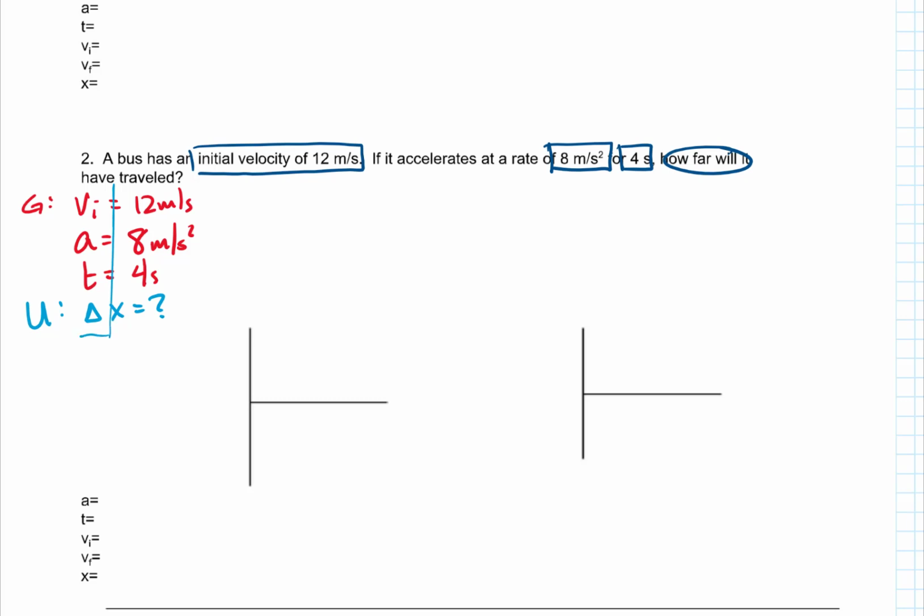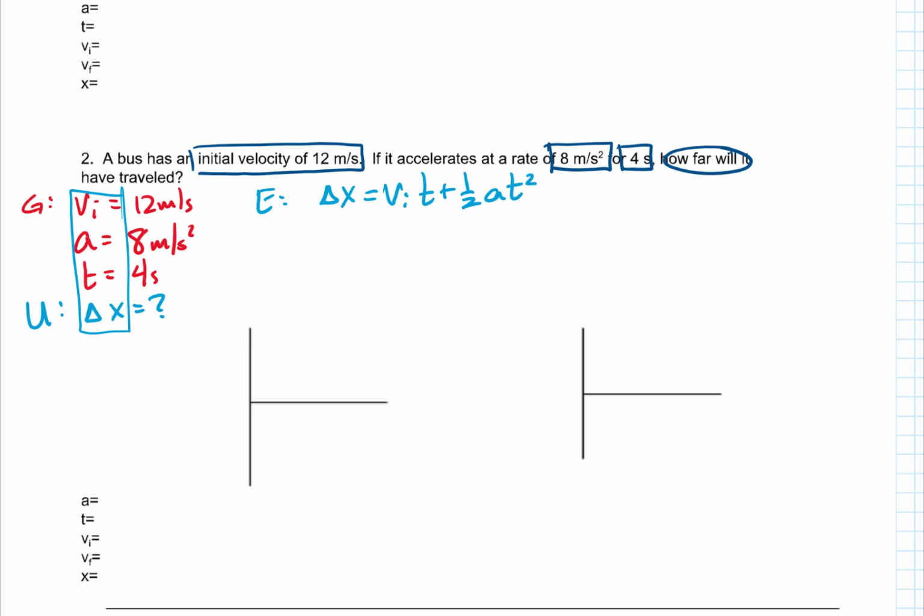So I need to pick an equation that has all four of those things in it. Well, my only winner is delta x equals v initial times time plus 1/2 acceleration times time squared.